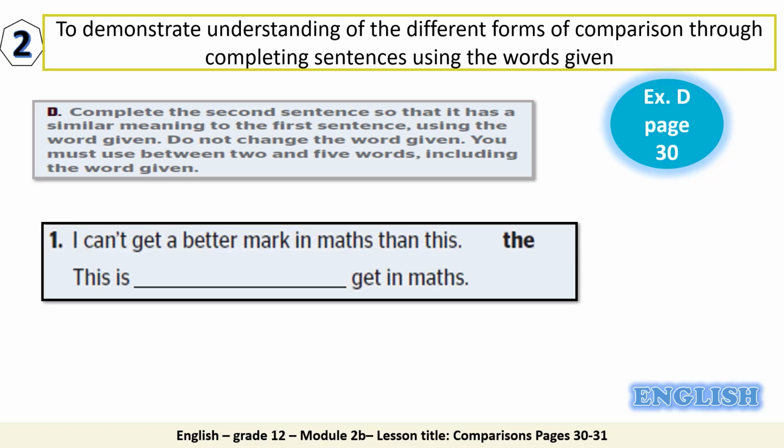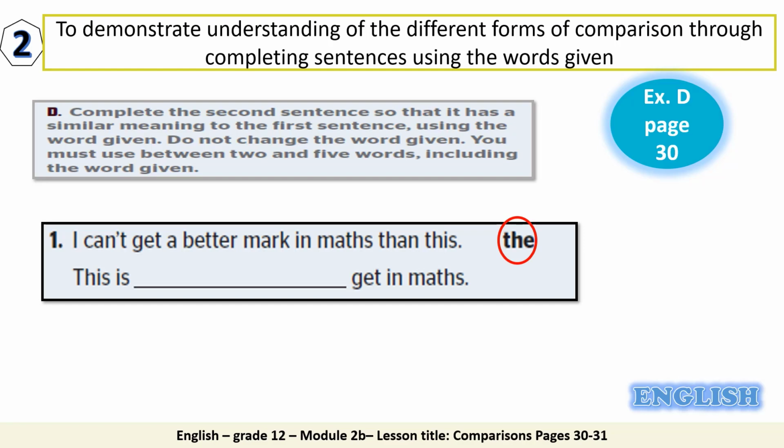Here is the first sentence. Let's discuss it as an example. I can't get a better mark in maths than this. And the word we are required to use is the. It sounds like we have to use the superlative form for the comparative better, doesn't it?